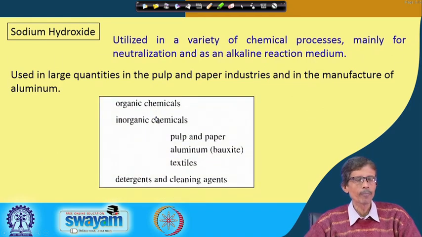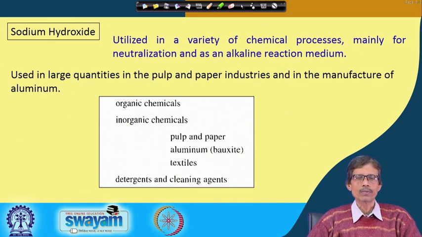As we have seen earlier, it is used for the formation of aluminum hydroxide from bauxite or any scrap aluminum. That can be converted to aluminum trifluoride and then to cryolite, as we have already seen. So the sodium hydroxide demand is very high for the production of aluminum through the electrolysis of cryolite.